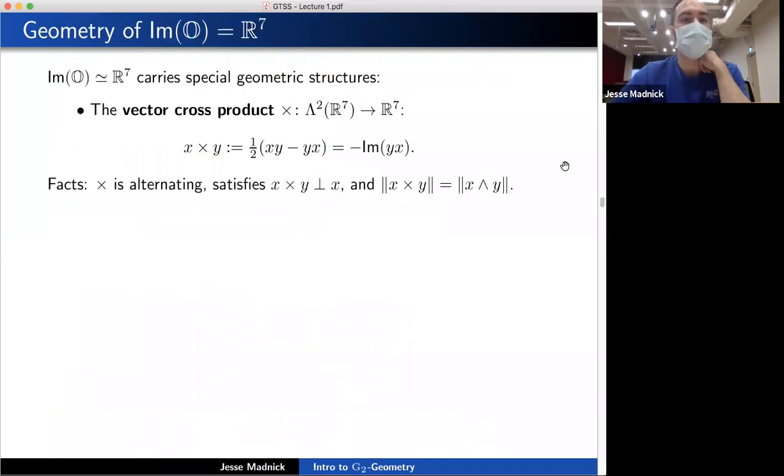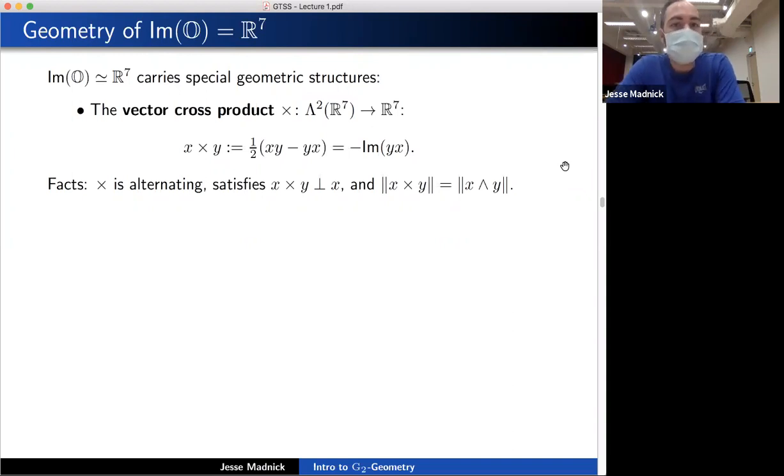So what we're going to focus on is the imaginary Octonions. That's a copy of R7, and this is the linear model for the types of manifolds that we want to consider. What I'm about to describe are sort of the tangent spaces of the manifolds that we're going to look at. So what's special about the imaginary Octonions?